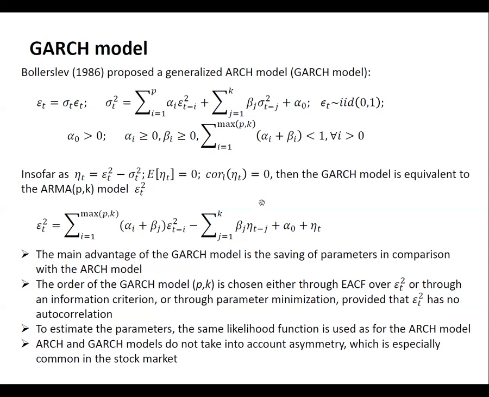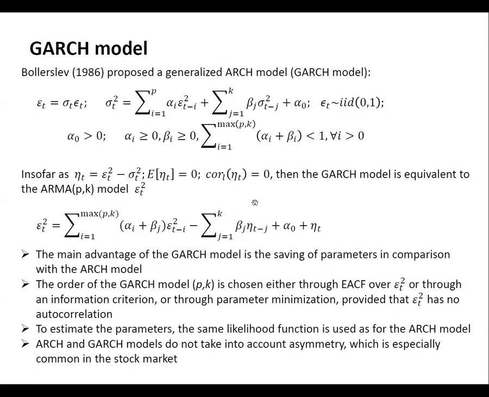The GARCH model is equivalent to an ARMA model. The same transformation occurs through the deviation of sigma squared from epsilon squared, and for this error value eta, there is a property that the expectation of eta is equal to 0, and the lag correlation of eta is also equal to 0.